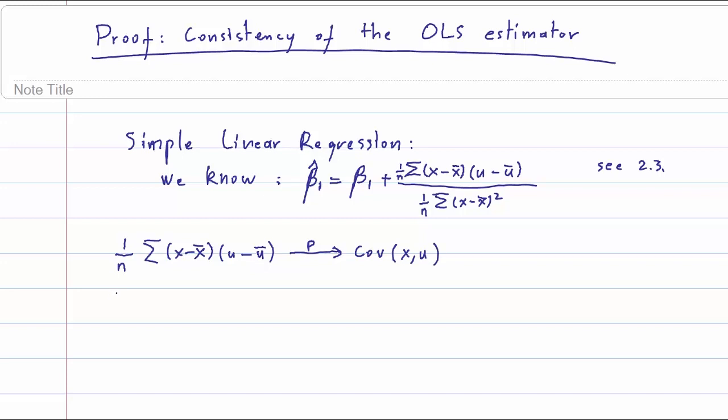And 1 over n sum of x minus x bar squared, so the bottom part of the ratio, converges in probability toward the variance of x. To understand both results, you can just look at the video about the law of large numbers. So see video 5.3.